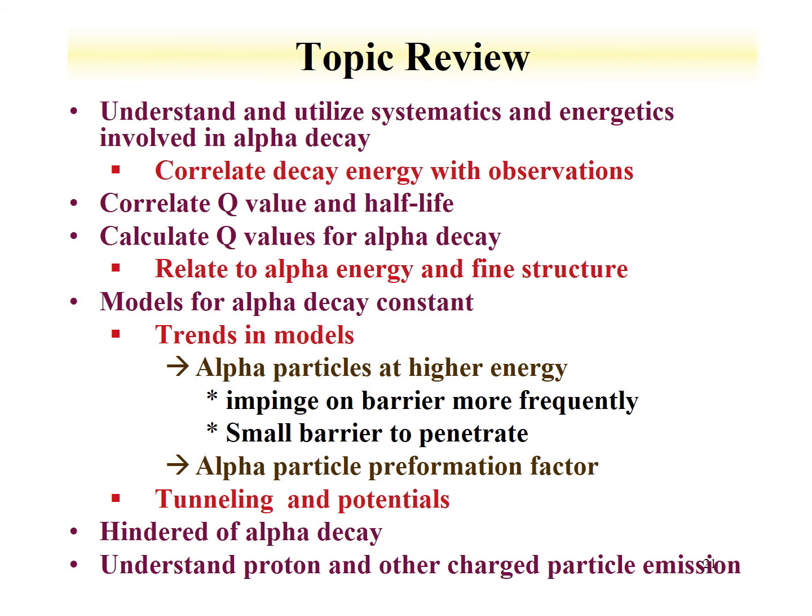The larger that difference, the ratio, the more hindered that decay is, and we can describe that hindrance through a number of phenomena, including changes of spin and parity. And we'll see this is even more manifest for beta decay. We also touched upon other charged particle decay, including proton emission and carbon emission, including carbon-12 and carbon-14.